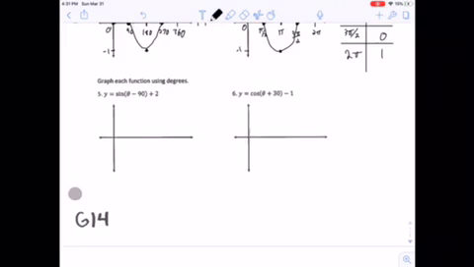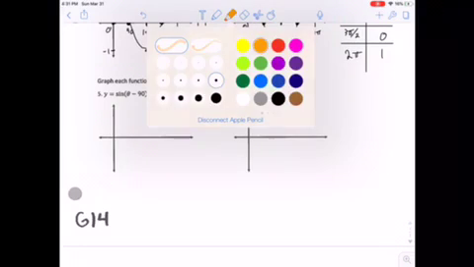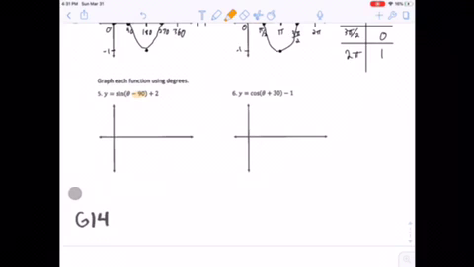So here with our first one, okay, the big thing is to analyze the numbers in the graph. So that -90 right there means that from our tables, okay, we are going to be doing x plus 90.